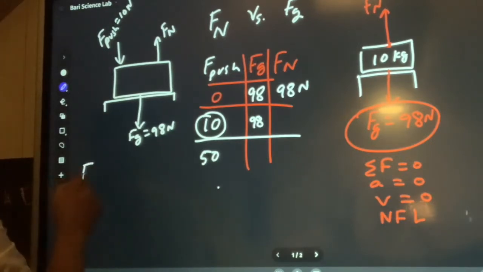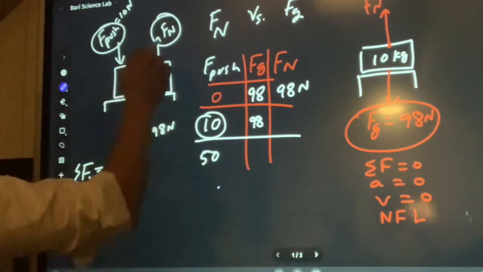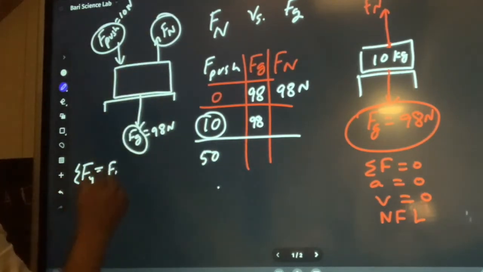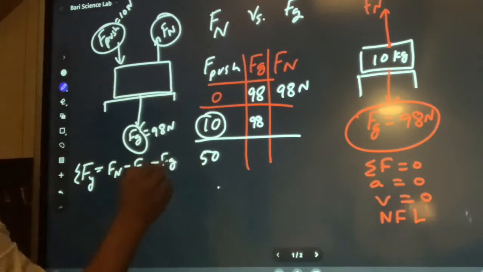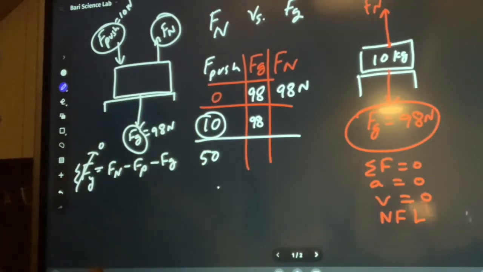So for Fy, all the forces acting in the y direction are F push, Fn, and Fg. Let's write the positive one first: Fn minus F push minus Fg. In the y direction, what is the net force? Net force is 0. Why is the net force 0?